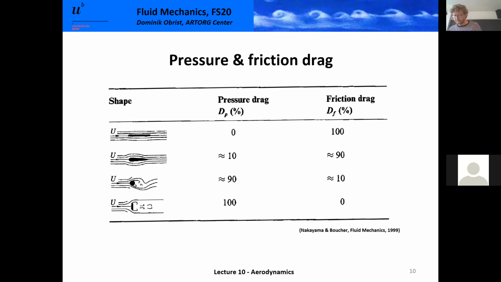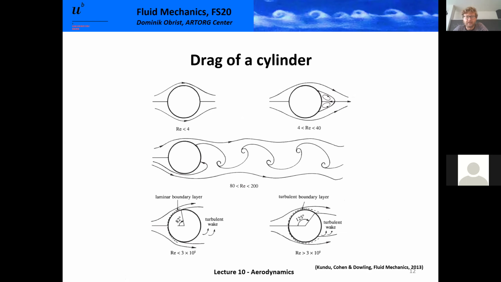So let's see what this means for a cylinder. For a cylinder, I think we have seen this diagram. We have many different flow configurations. The flow configuration on the top left is the one that we looked at in one of the first lectures on Stokes flows.